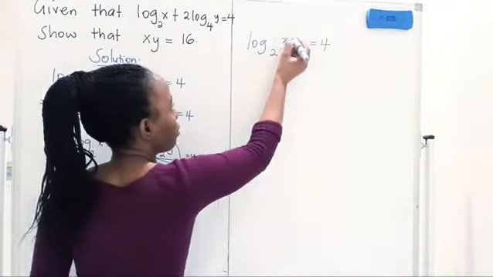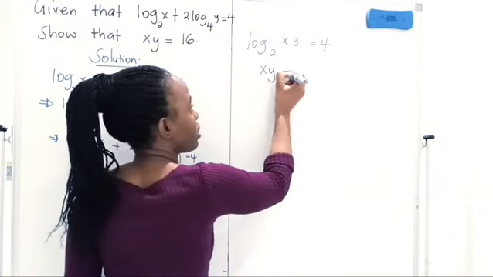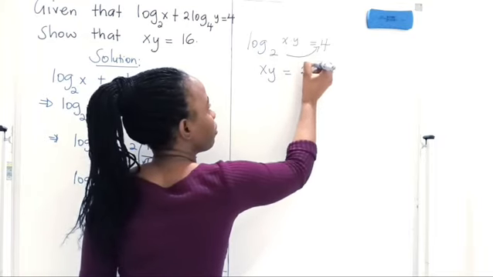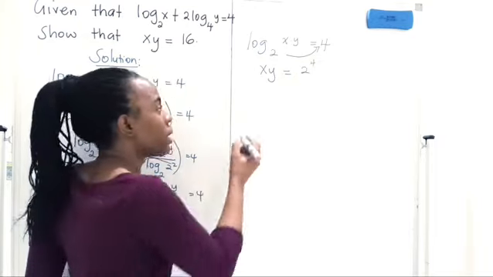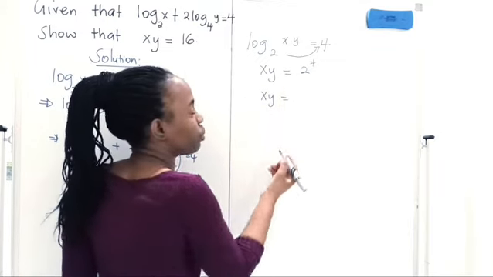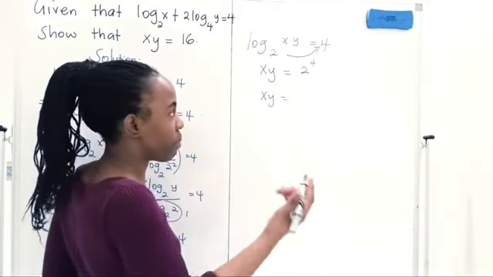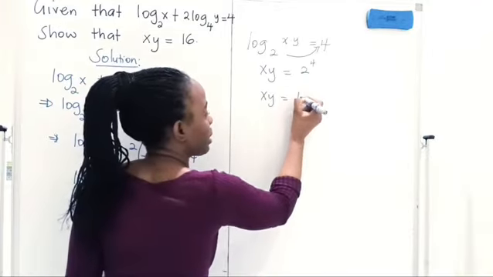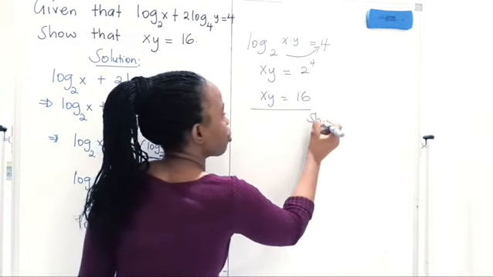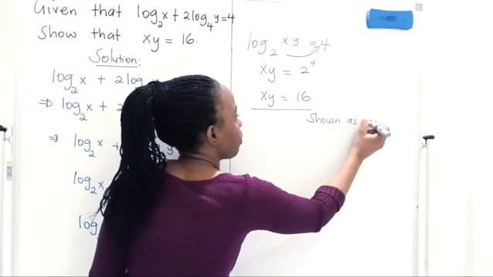And we shall have xy is equal to 2 to power 4. Then xy is 2 multiplied by 2 multiplied by 2 multiplied by 2, and I'll end up getting 16. So it is shown as required.